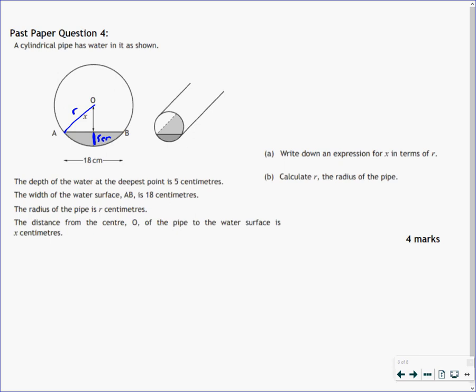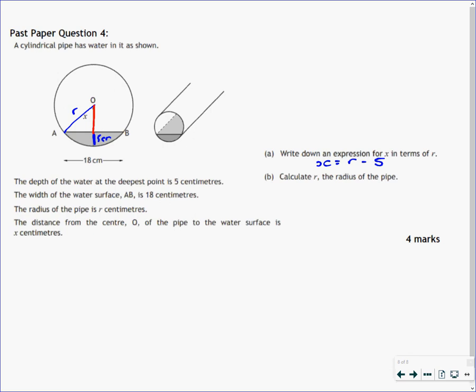Okay? Write down an expression for X in terms of R. So X is the distance that I'm drawing in red here, and R is the full radius. So if I want to write an expression for X in terms of R, what I can say here is that X is equal to the radius R, take away 5.